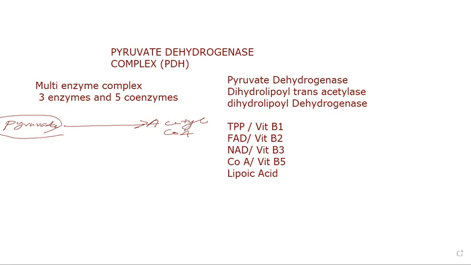And this pyruvate is converted to acetyl CoA by a process known as oxidative decarboxylation. So oxidative decarboxylation causes the conversion of pyruvate to acetyl CoA.